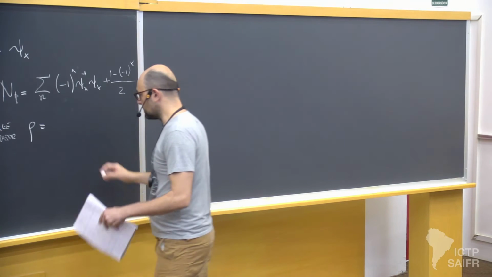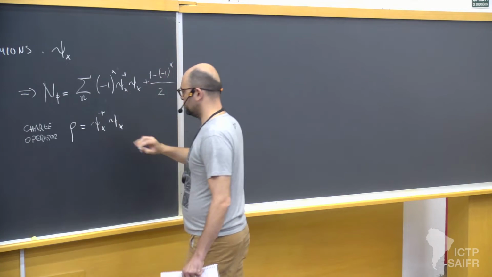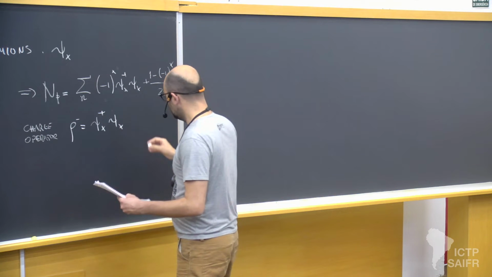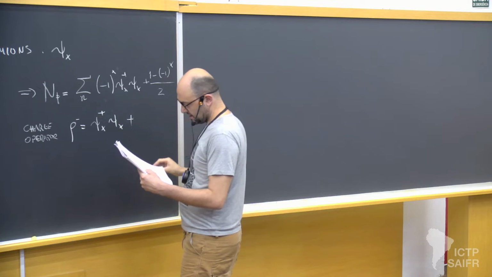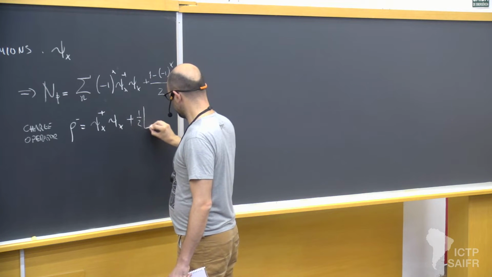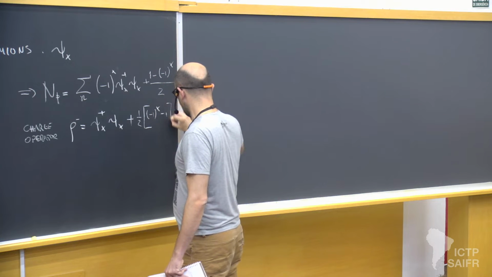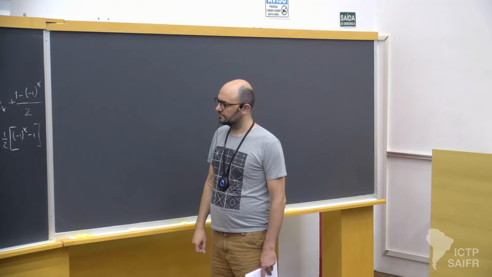One can do the math, and the corresponding thing would be equal to something like this: psi dagger x psi x. So this is the negative charge. The electron we count as a +1, so plus 1/2, and here we have (-1)^x minus 1. Okay?